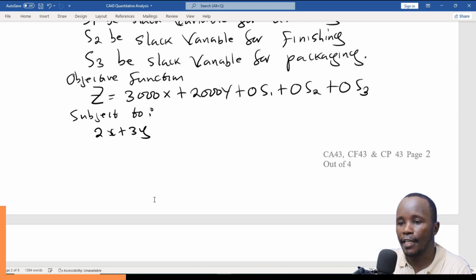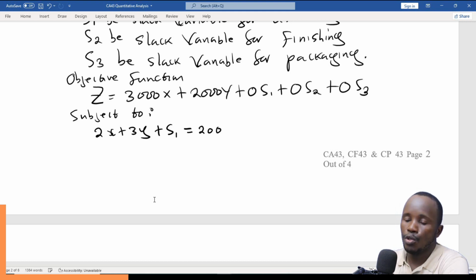And I've said from the statement above, S1 will be a slack variable here. So if I bring a slack variable, it means I should get is equals to 300, meaning that I can introduce an equal sign here, because any variability is factored in by the slack variable.